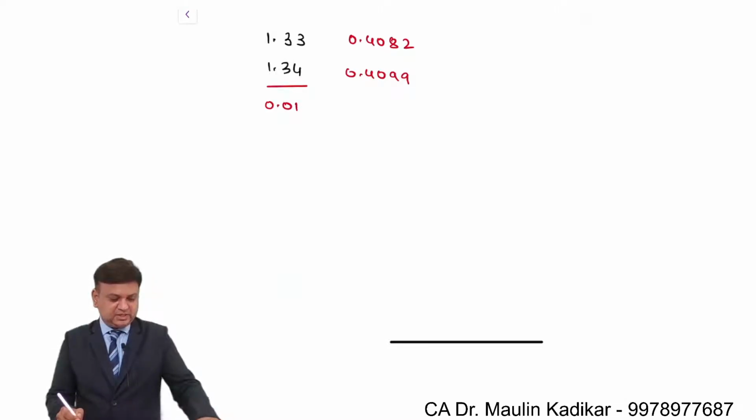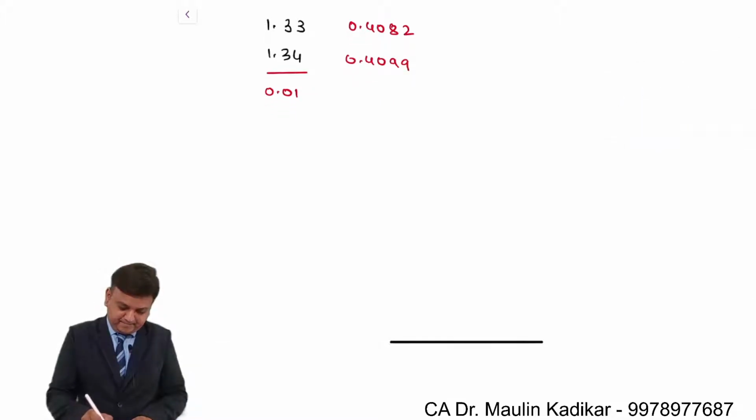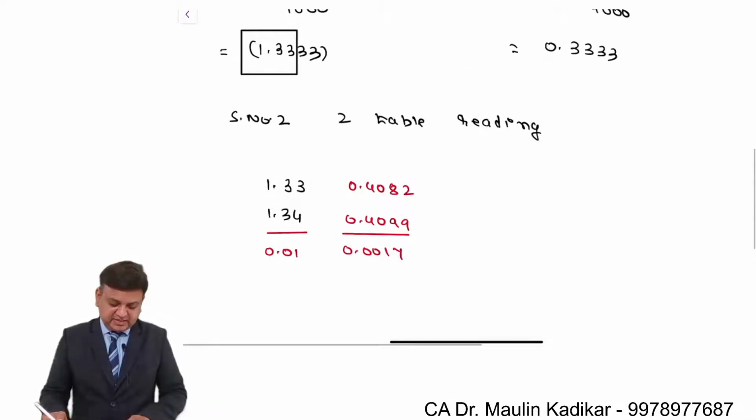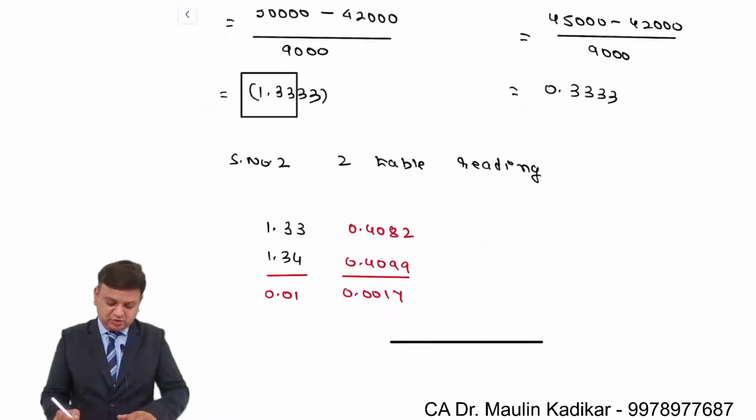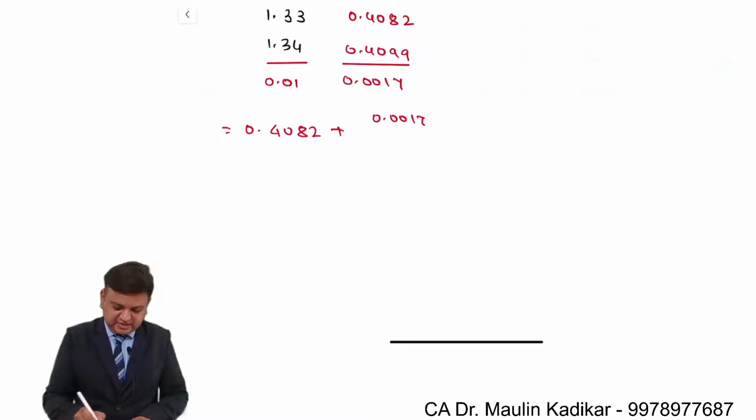0.4082 is deducted from 0.4099. So it is 0.0017. This is the way we are required to find the difference. Then we understand it is 1.3333. So the final reading is 0.4082 plus 0.0017 divided by 0.01 into 0.0033.